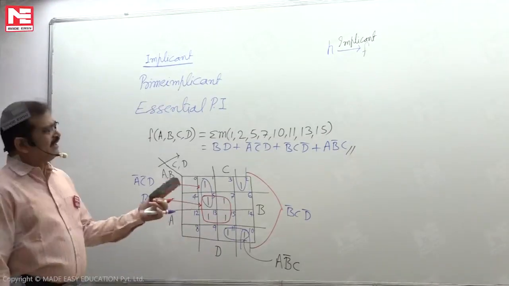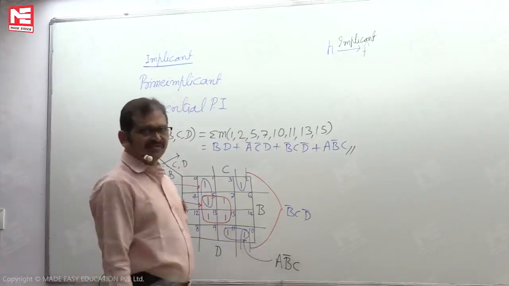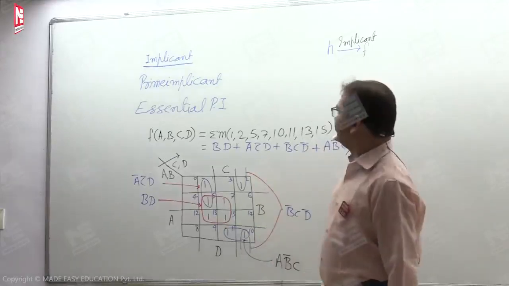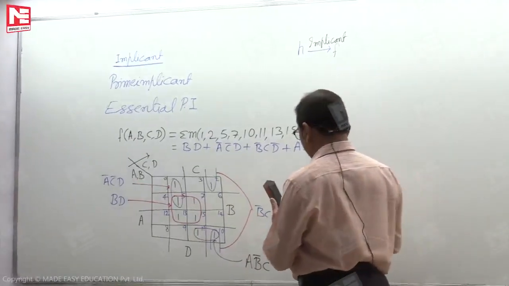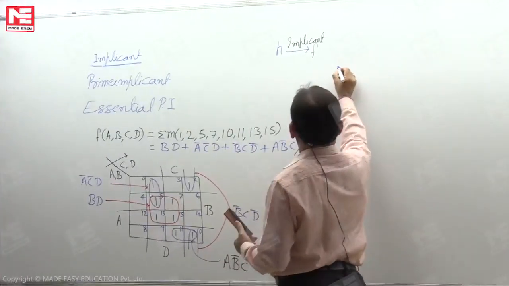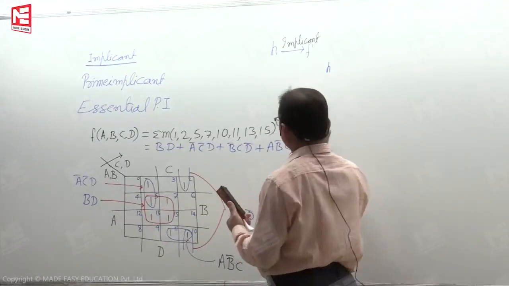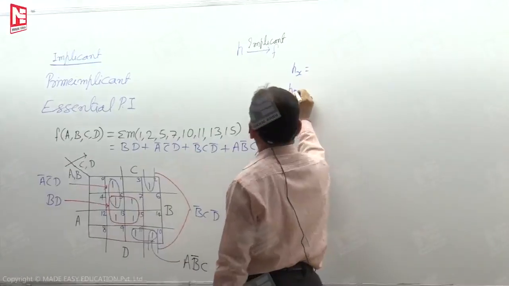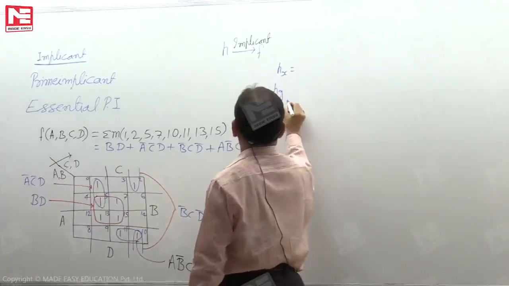Now let us list here some products on this function. So let me list here the product Hx, the product Hy, the product Hz.